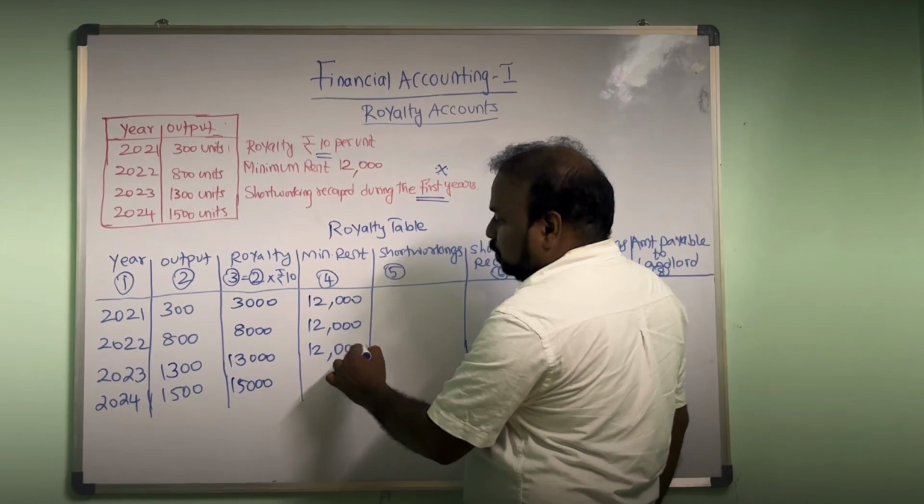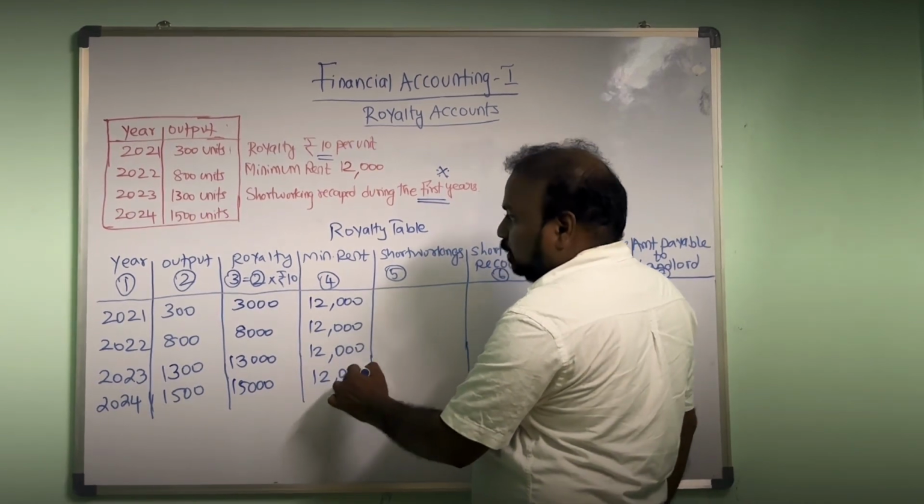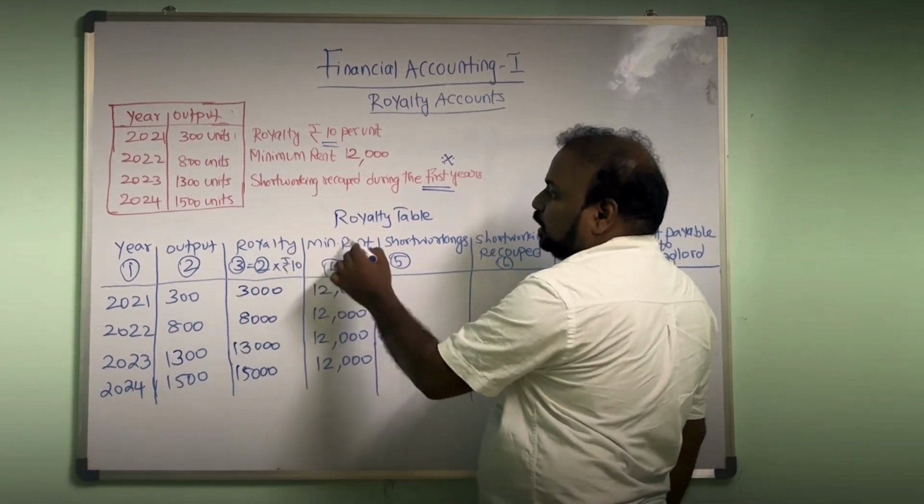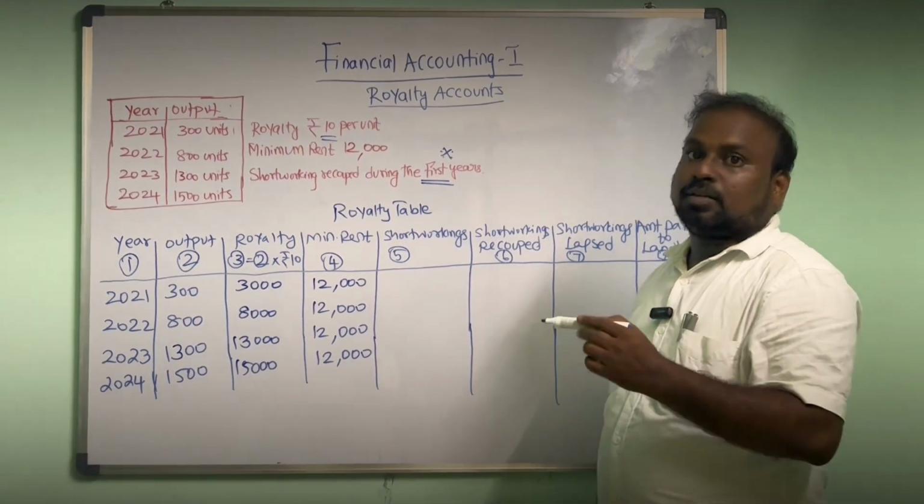Next we need to go with the short working. The difference between royalty and minimum rent is called short working.